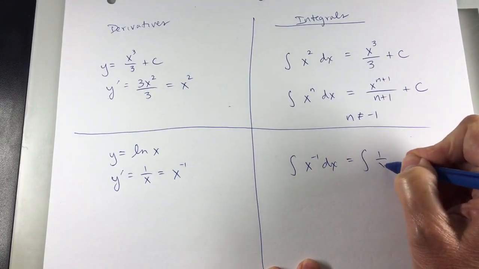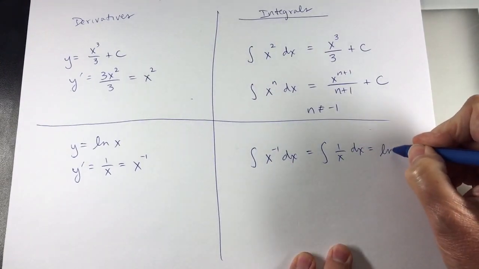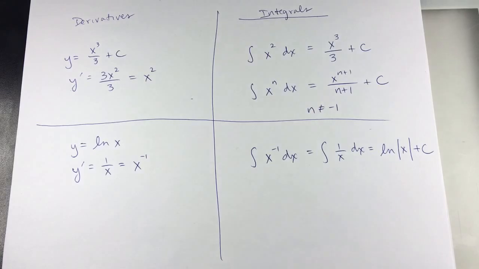That's the integral of 1 over x dx. Then that is the natural log. Now put absolute value around that because natural log is only defined for positive numbers. So the natural log of the absolute value of x.